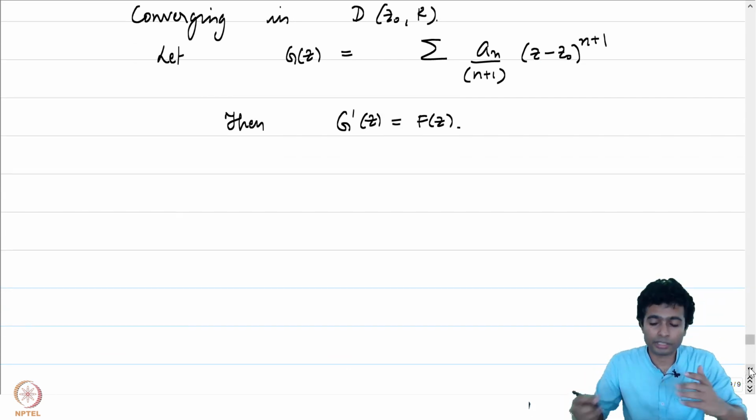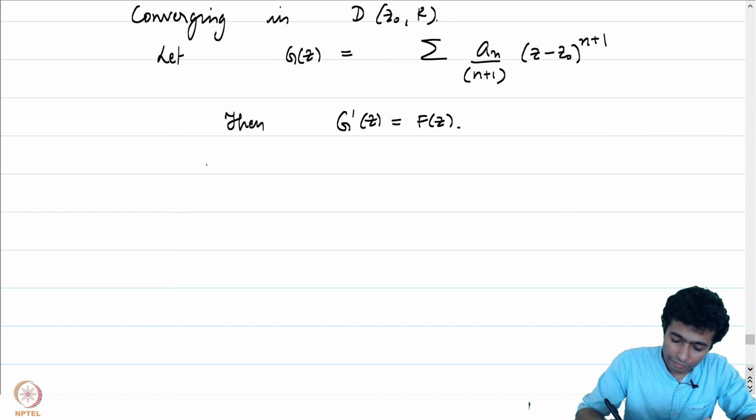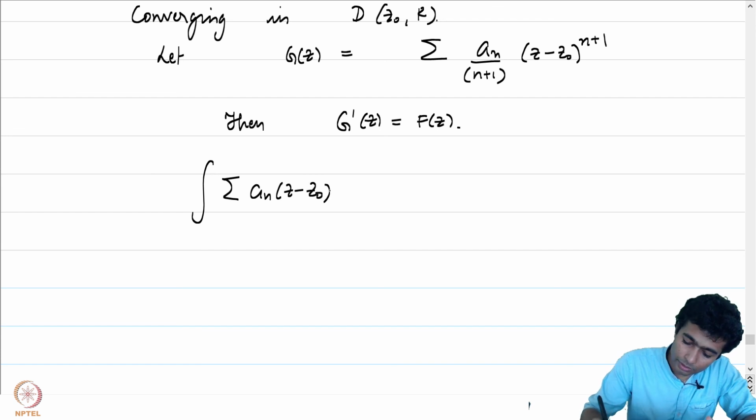By applying the fundamental theorem of calculus, we have the integral of the summation of a n (z minus z0) to the power n dz over gamma.